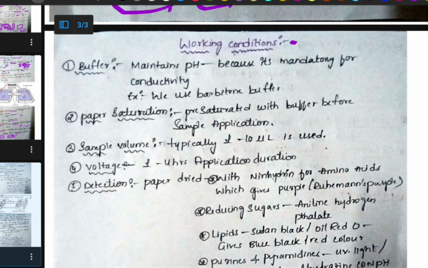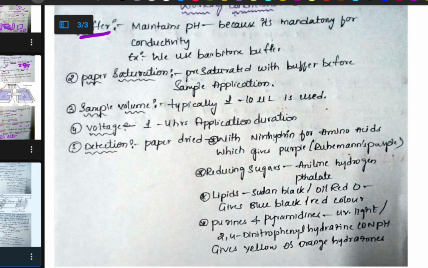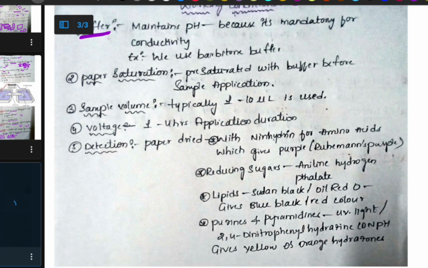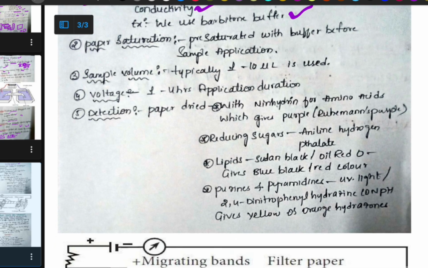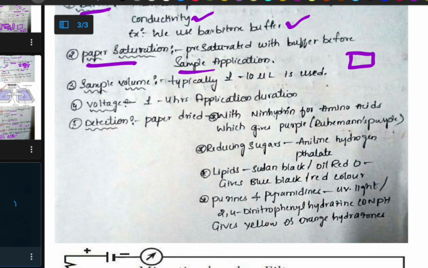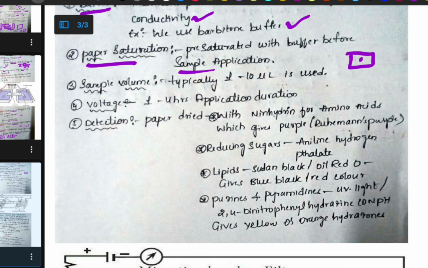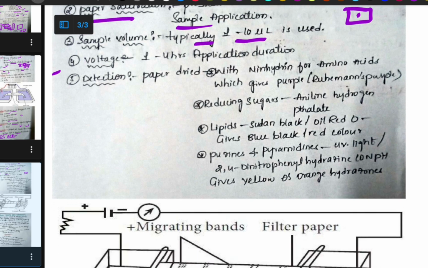Then the working conditions. We have to maintain the buffer at a pH where it is good for conductivity. We normally use Barbitone buffer. The paper must be pre-saturated with the solution before sample application. The sample volume is typically 1 to 10 microliters. Voltage is applied for 1 to 4 hours.